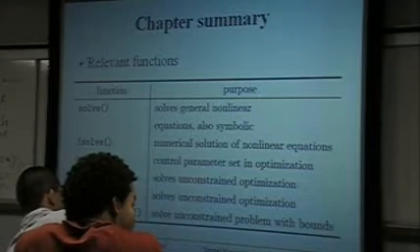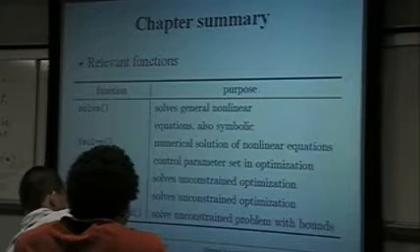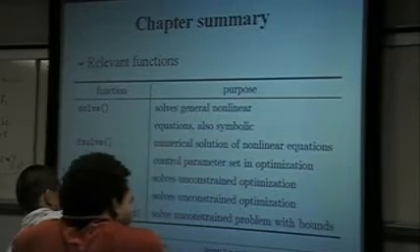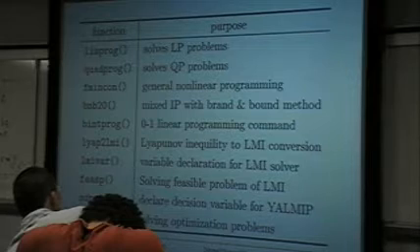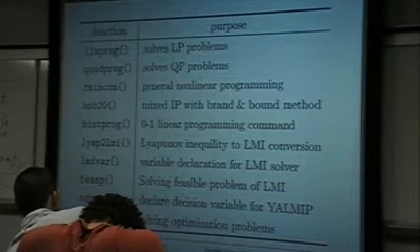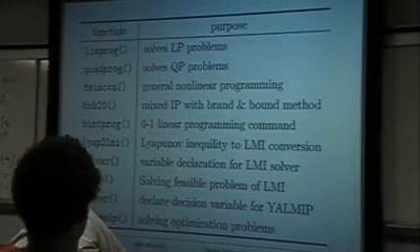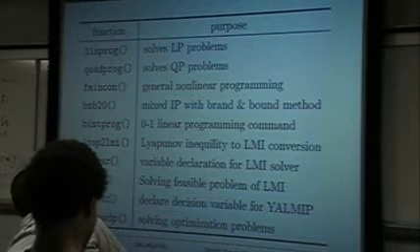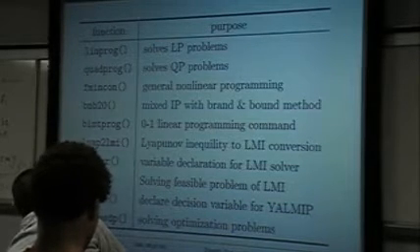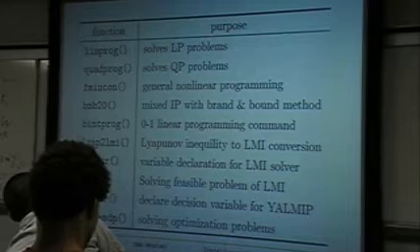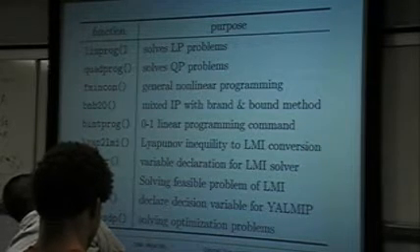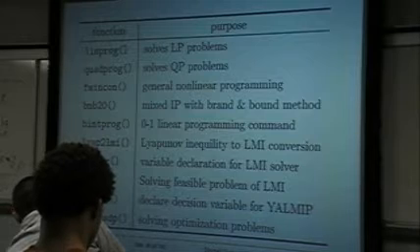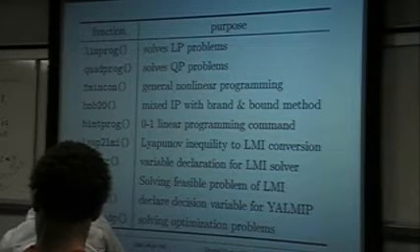We first discussed the unconstrained optimization problems. And then we talked about the linear programming problem, quadratic programming problem, and ordinary nonlinear programming problems. And we also extended the idea into integer programming problems or mixed integer programming problems, and also the binary programming problems.